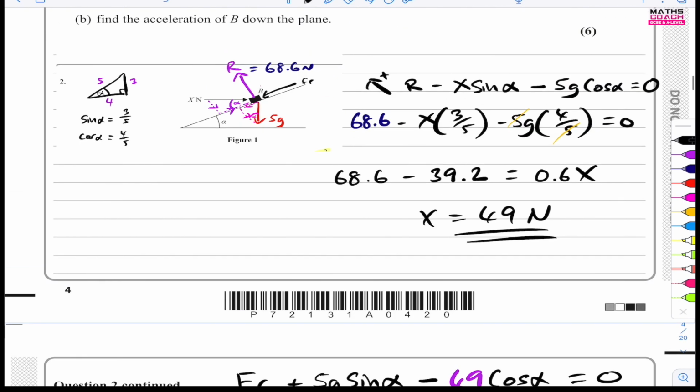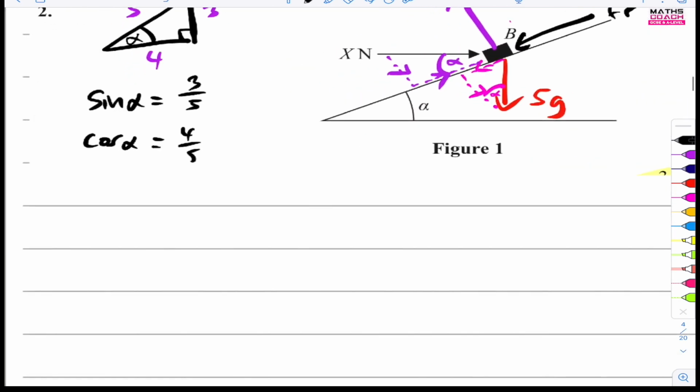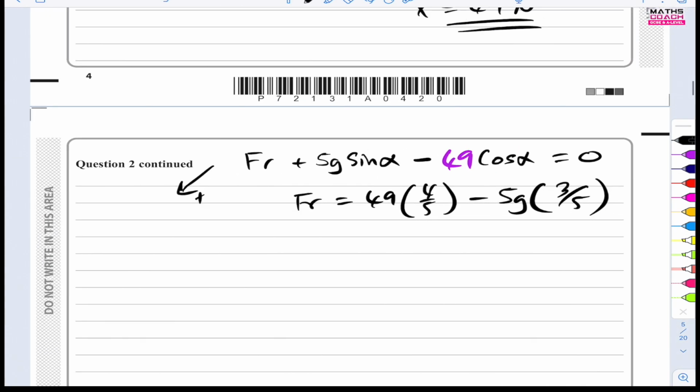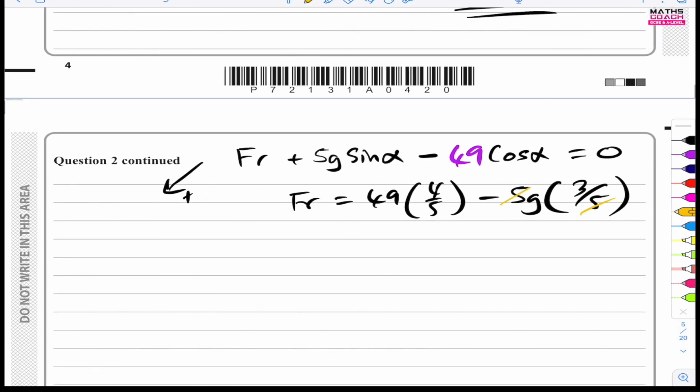Cos alpha was 4 over 5. Yeah, 4 over 5. So 4 over 5, and then minus 5g sine, which was 3 over 5. There you go. So if we work this out, we'll get our answer. Once again, these cancel, so you just need to do that, but you can put that all into your calculator. So the friction is 9.8 newtons.